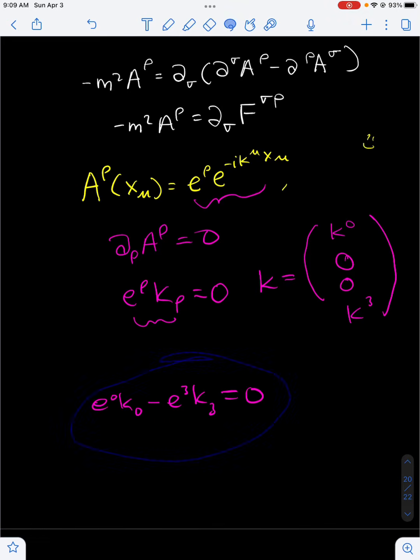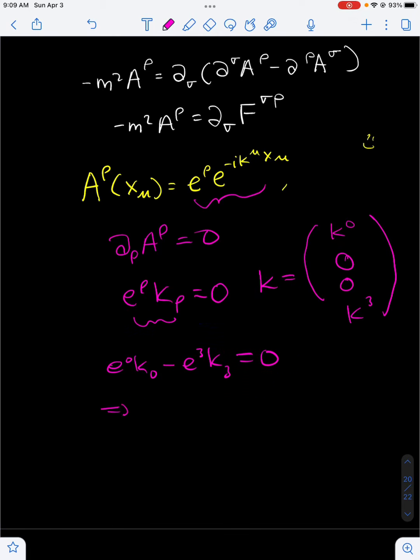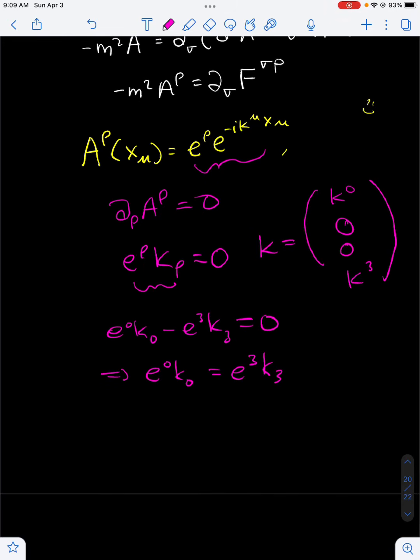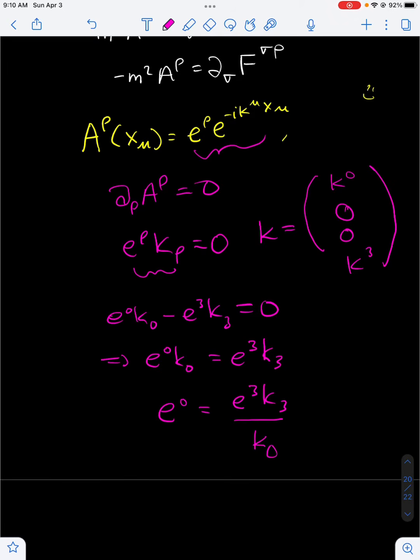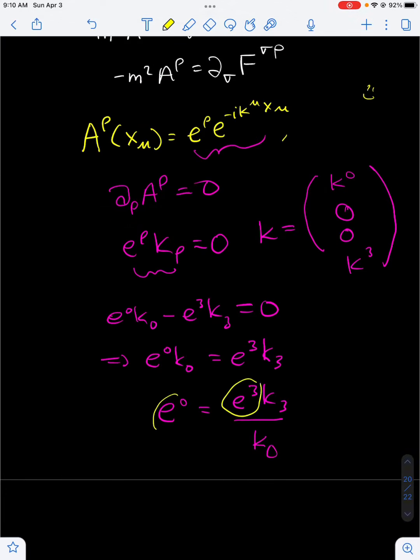This of course implies that E naught K naught equals E3 K3. You can then just divide both sides by K naught. We have E naught equals E3 K3 over K naught. So this relates our E3 component with the E naught component.